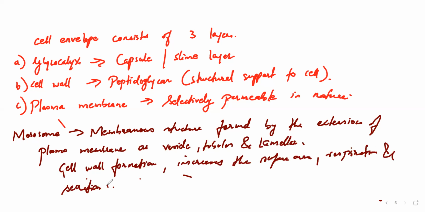Okay, then the next component is the chromatophores. Now, what is a chromatophore? Initially we saw examples like mycoplasma, bacteria, or the BGA, that is blue-green algae. Blue-green algae will have some kind of pigments in them.